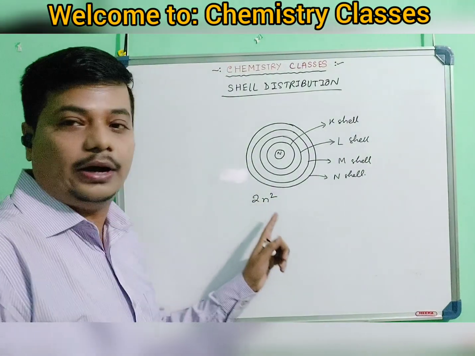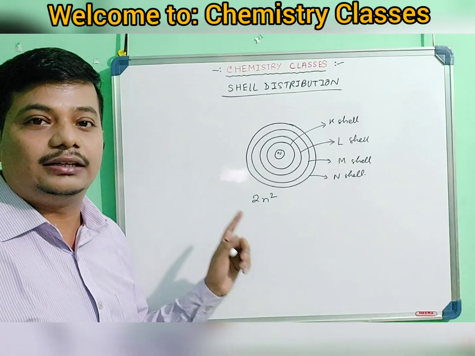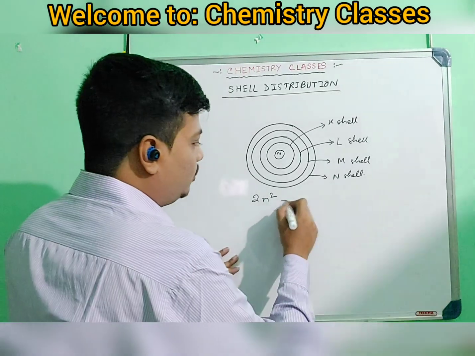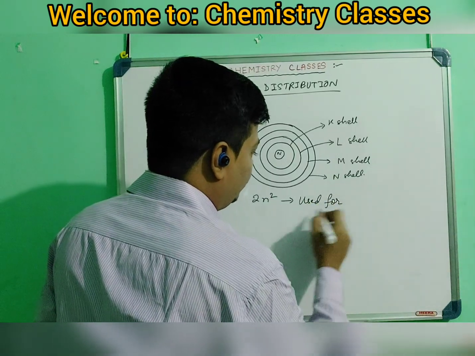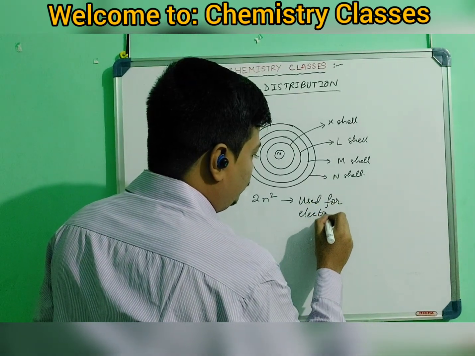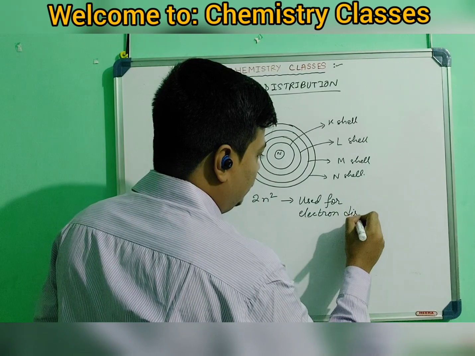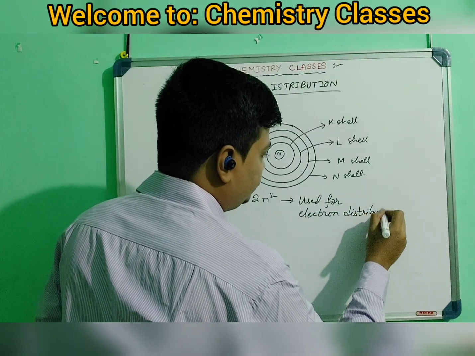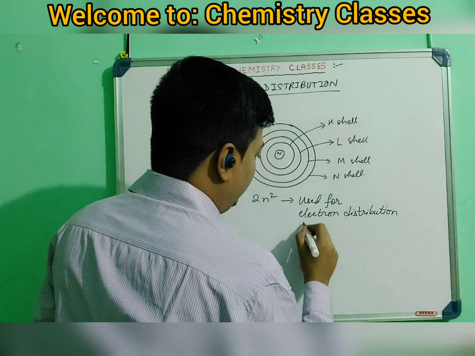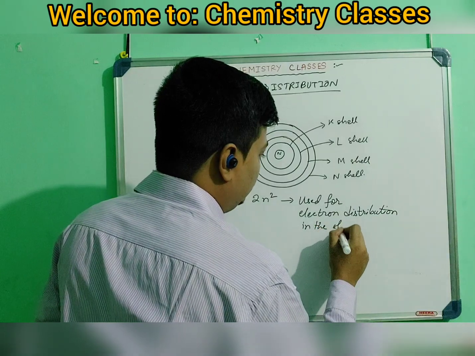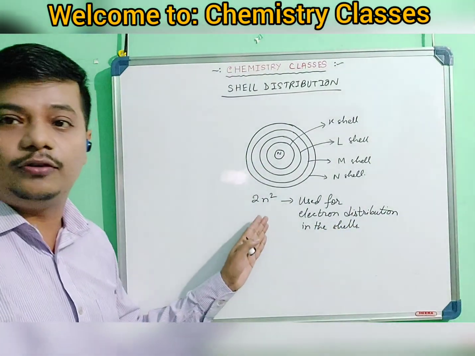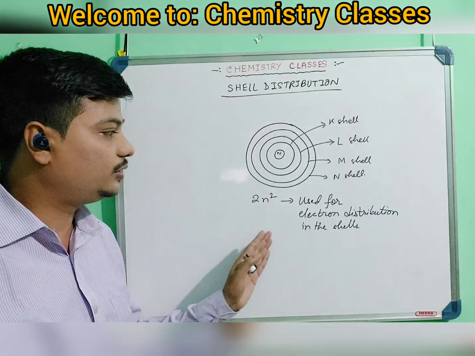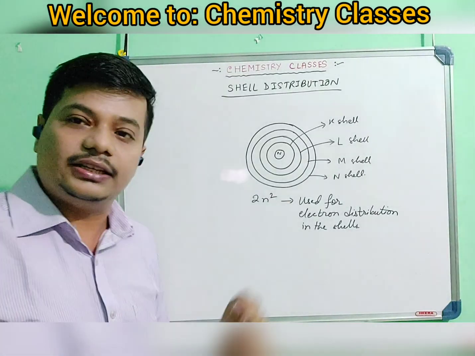So 2n square is basically the formula that is used for the distribution of the electrons in the shells.